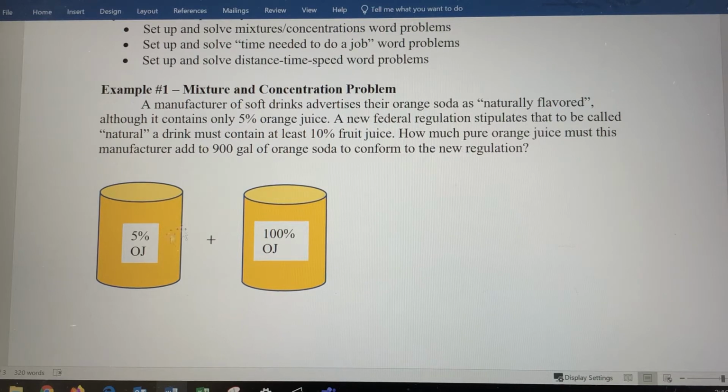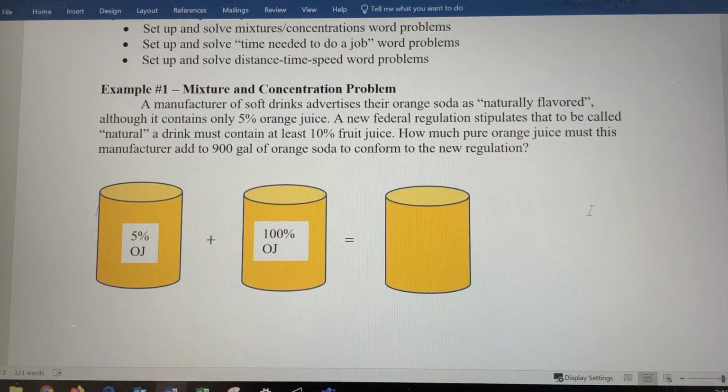We're going to mix these two together to create a container of soda that is 10% OJ to meet the criteria, okay? So we've got 5% OJ in the first container, we've got complete OJ in the second container, and when we mix those together, we want to end up with a 10% concentration of OJ in the final container of soda, okay?